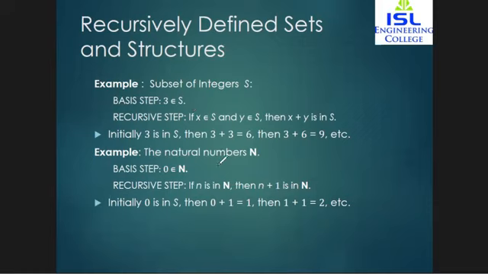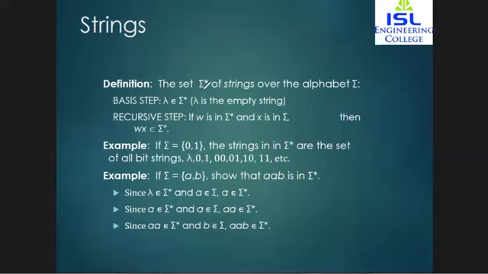Now for strings, similarly, we can consider the set sigma star of strings over the alphabet sigma, and the basis step can be defined with any string. So over here we are saying that lambda, the empty string, belongs to sigma star, and if w is in sigma star and x is in sigma, then wx belongs to sigma star.